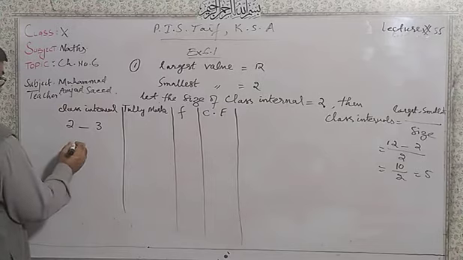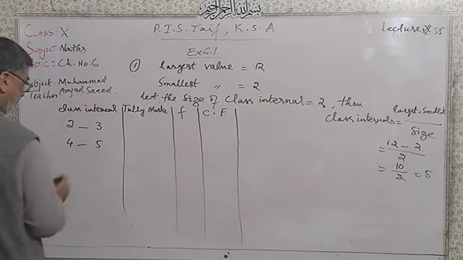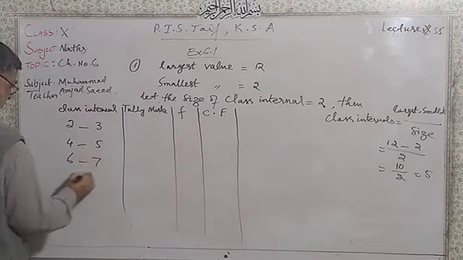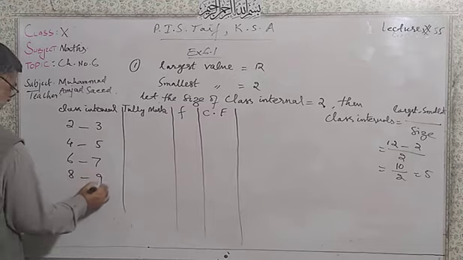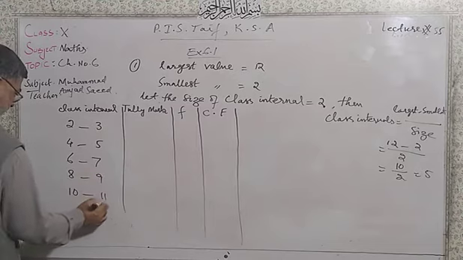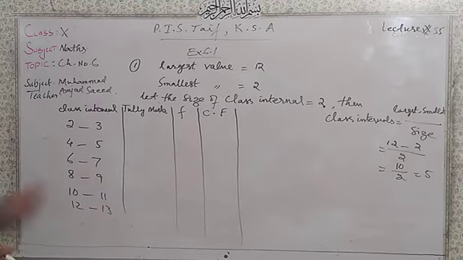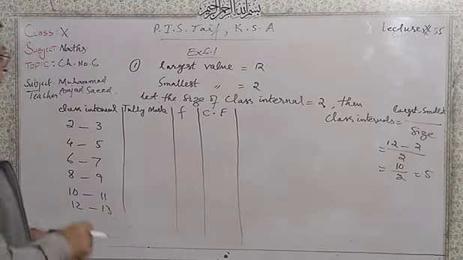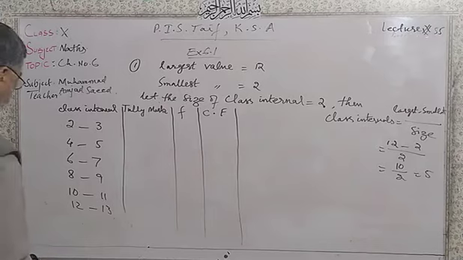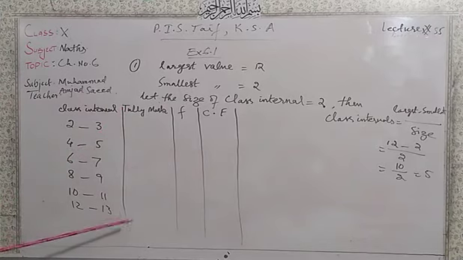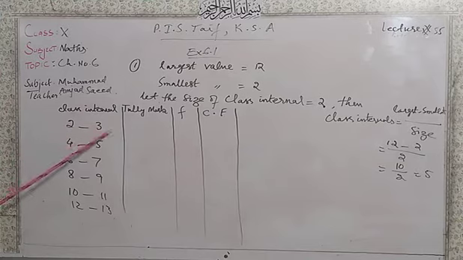So 2 to 3, 4 to 5, 6 to 7, 8 to 9, 10 to 11, 12 to 13. In this way, if any number is going into the next class, don't worry, you can increase the class. Here is 2 to 3, 4 to 5, 6 to 7, 8 to 9, 10 to 11 and 12 to 13.